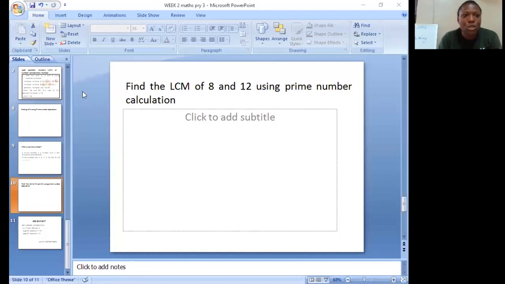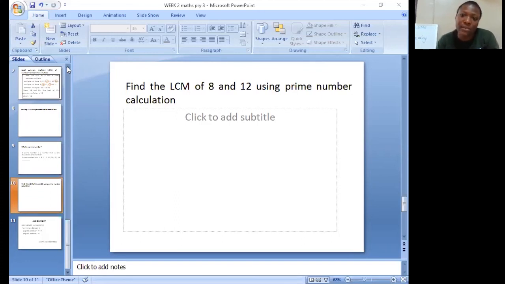Then you look for the common multiples among the given numbers. Circle the numbers. Write the numbers out. Which one is the smallest?